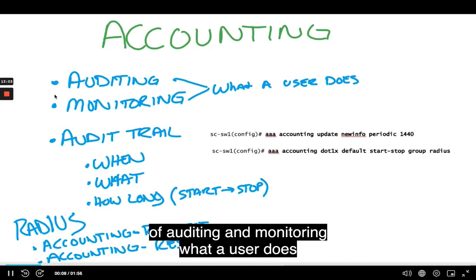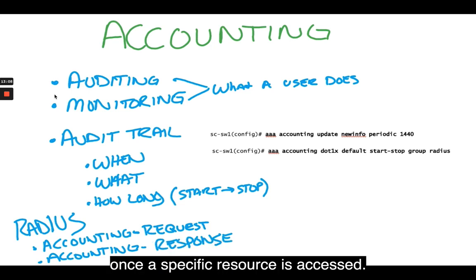Accounting is the process of auditing and monitoring what a user does once a specific resource is accessed. This process is sometimes overlooked. However, as a security professional, it is important to be aware of accounting and to advocate that it be implemented because of the great help it provides during detection and investigation of cybersecurity breaches.